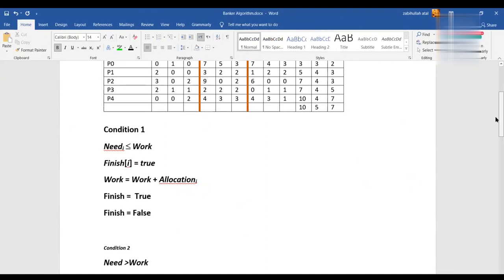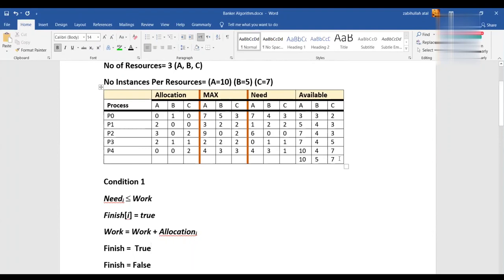Okay, guys. So I'm removing some of the values.